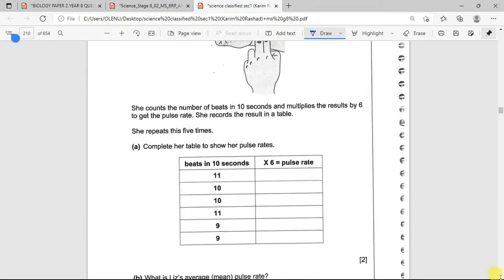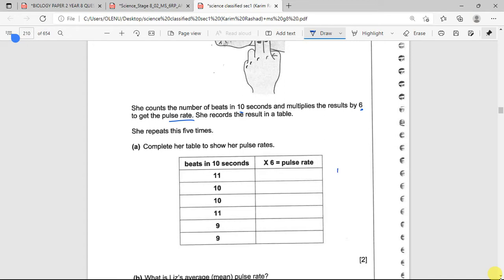They said she counts the number of beats in 10 seconds and multiplies the result by 6 to get the pulse rate. So the number of beats times 6 will give you the pulse rate. She records the result in the table. She repeats this for 5 more pulses. So what do you think would be filling this space?